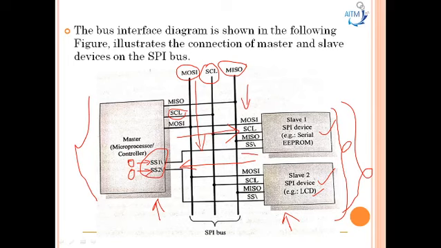So whatever data is sent from the master to the slave, in SPI it does not require an acknowledgement from slave to master, but in the case of I2C we have the acknowledgement mechanism here.